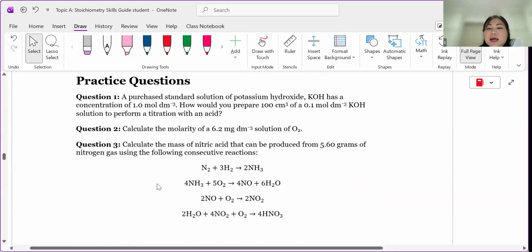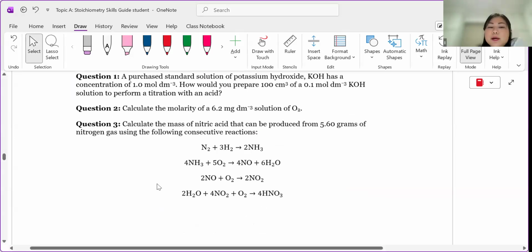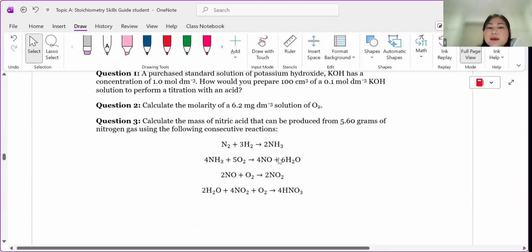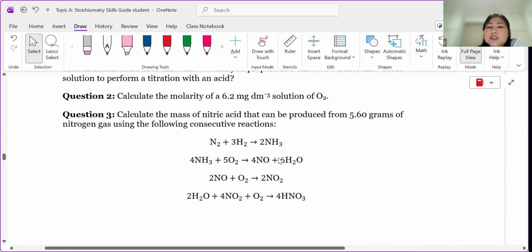Now, remember, I told you about combining mole ratios. If there are many equations, can I combine the mole ratios? Let me show you how to combine the mole ratio in this question. Okay, question 3. Calculate the mass of acid that can be produced from 5.6 gram of nitrogen.